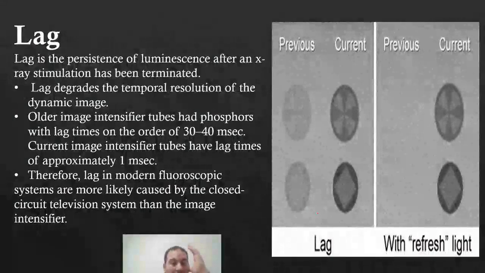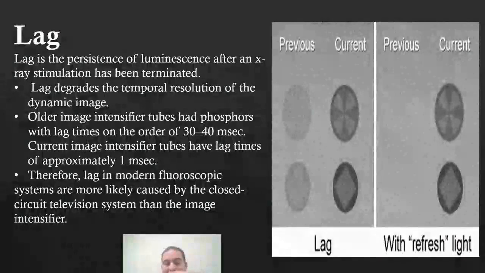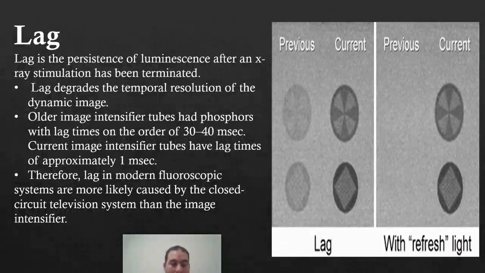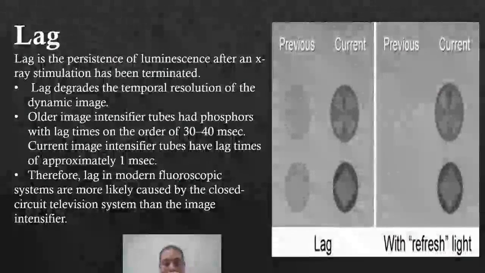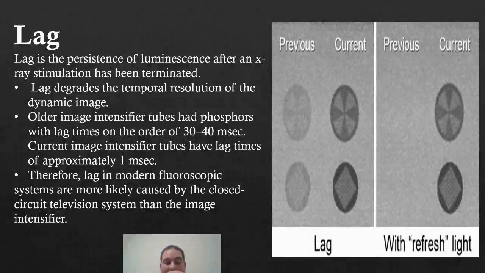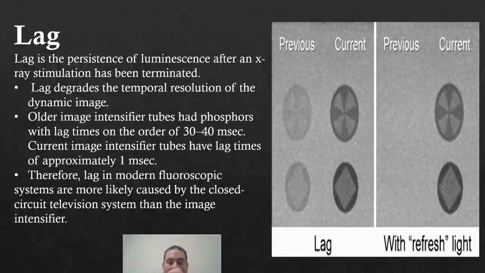This delay was obviously present in older image intensifiers, which could have a lag time of about 30 to 40 milliseconds. However, the current image intensifiers have a much shorter lag time, now down to 1 millisecond. This lag can also occur if there is an issue with the television itself or the video system.